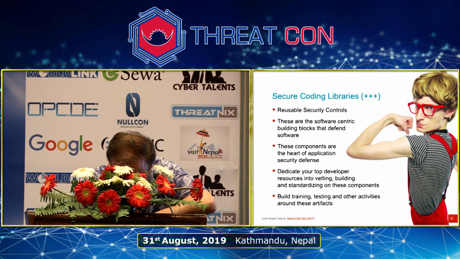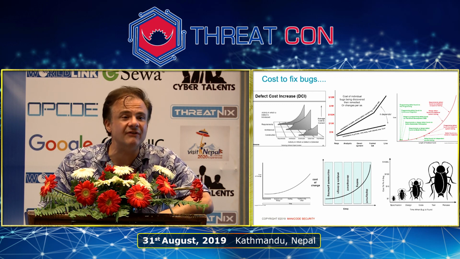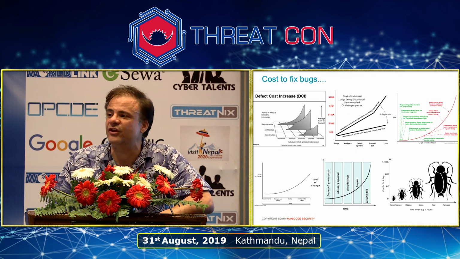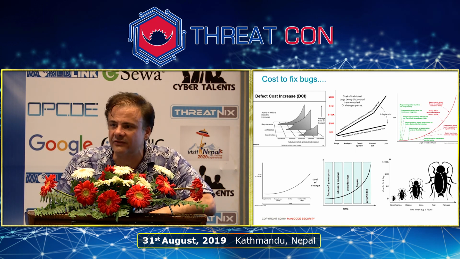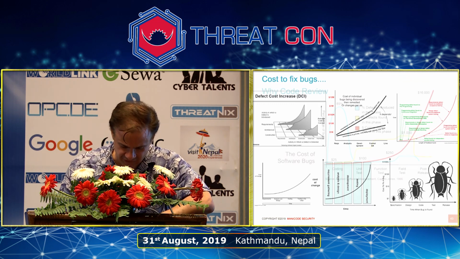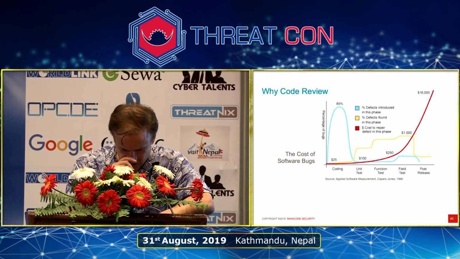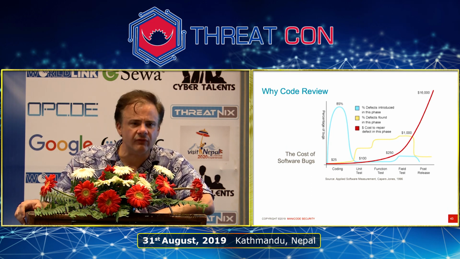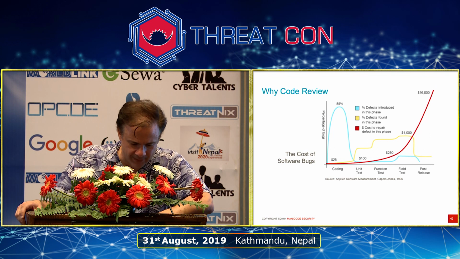And by the way, every single study I've ever looked at says that the cost to fix security bugs is radically more expensive late in the life cycle, right? Here's the cost of software bugs, a real famous study from IBM from a couple years ago.